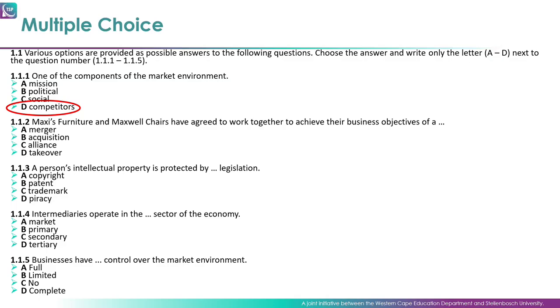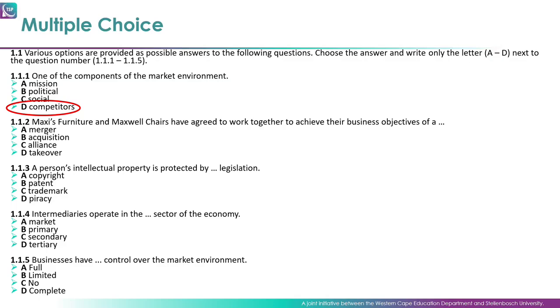The market environment is the component just outside the business, and the only one there would be competitors. The other three form part of the micro and the macro environments. Competitors is the only one that forms part of the market environment.